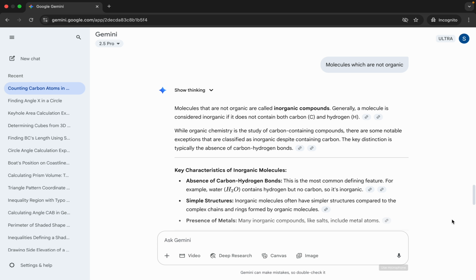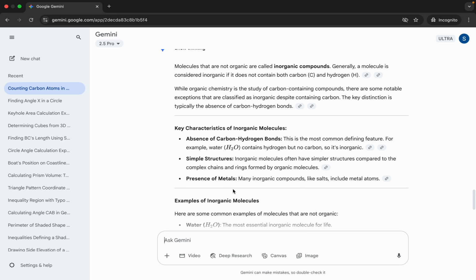Generally, a molecule is considered inorganic if it does not contain both carbon and hydrogen. Okay, so these are the characteristics of the inorganic molecule. So, absence of carbon-hydrogen bond, this is the most common defining feature.